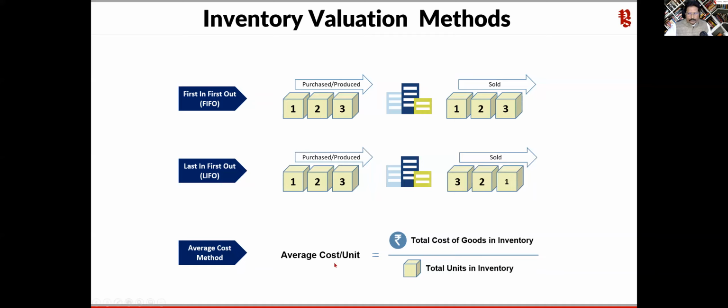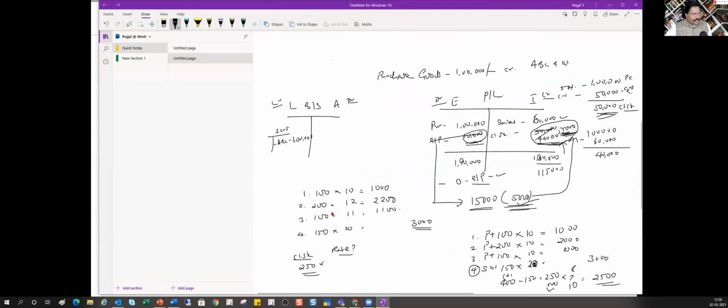Taking this example, how is average cost going to work? 150 I have sold, right? Very simple, it is going to add up all these items. It will take the total cost of this item, which is 4,300, divided by 400, whatever the amount, and that is going to be my average cost per item.